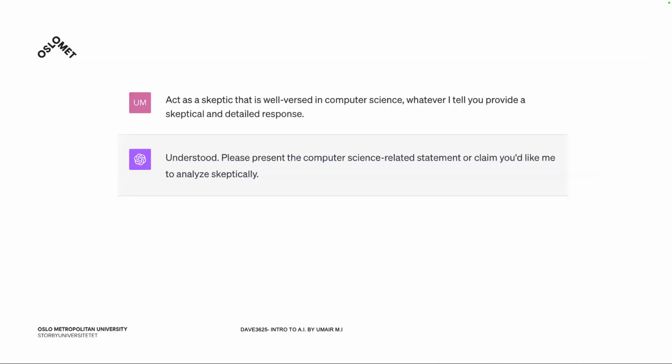So, one of the examples I did, you probably have seen this example before. What we tried was that we asked the model to be skeptical, just a skeptical person, not an overly enthusiastic person, a skeptical person.